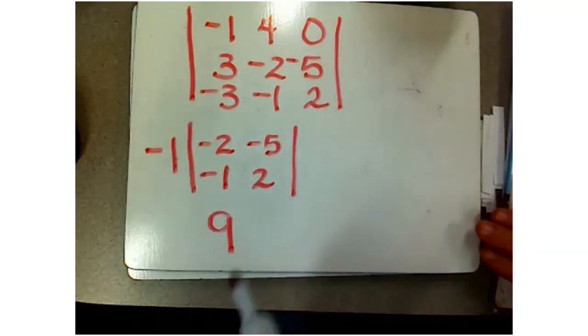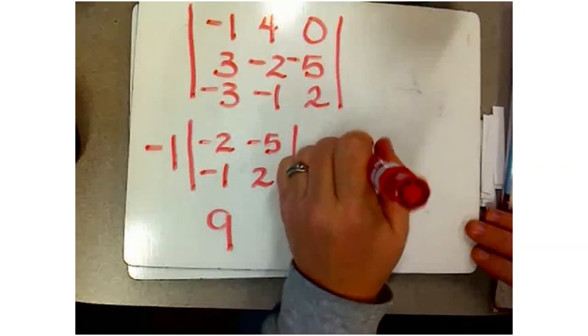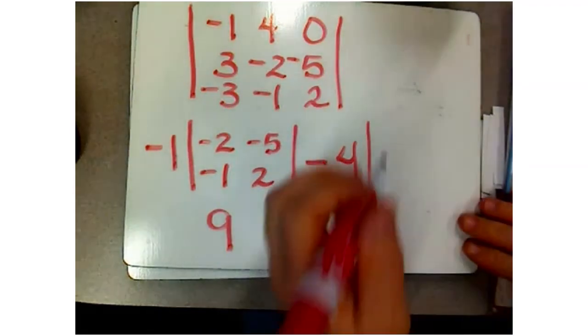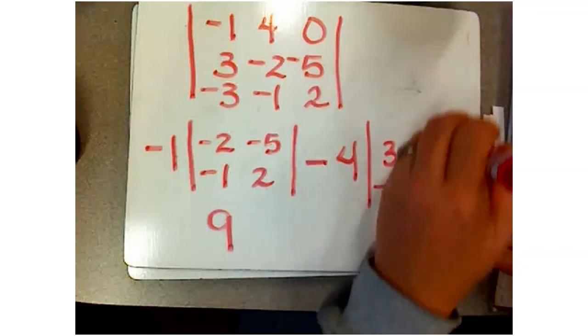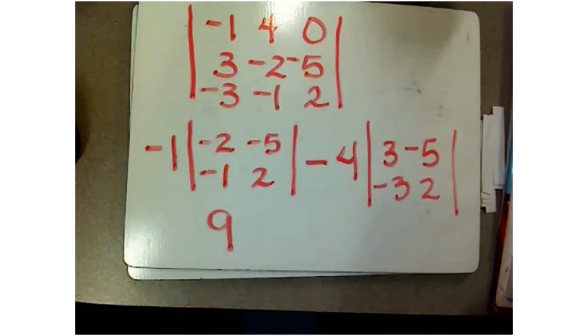All right. And then we're going to minus what? 4 times its minor, the determinant of its minor. What's the determinant of the minor of 4? 3, negative 5, negative 3, 2. What is the determinant of 3, negative 5, negative 3, 2? 6 minus 15, negative 9.